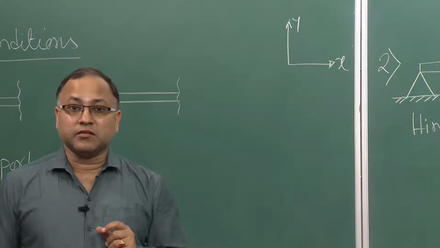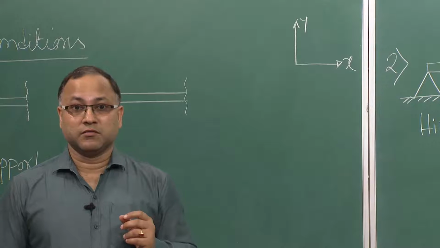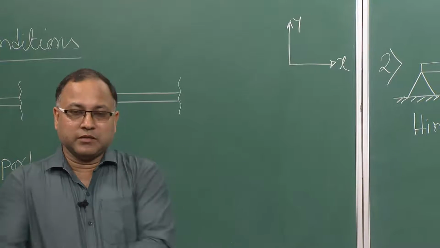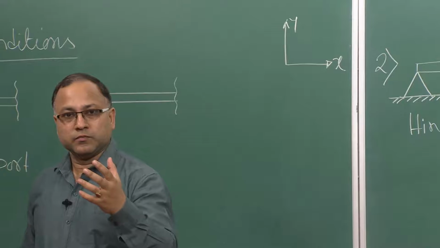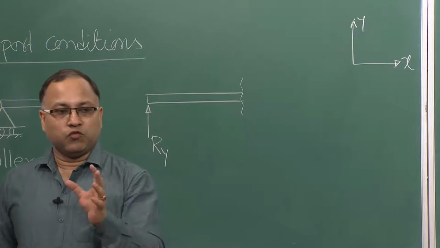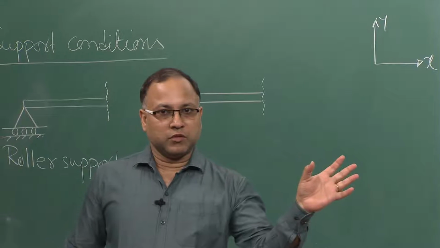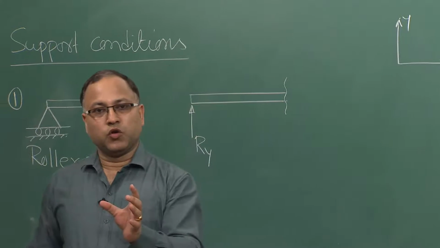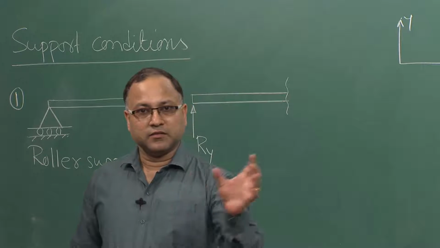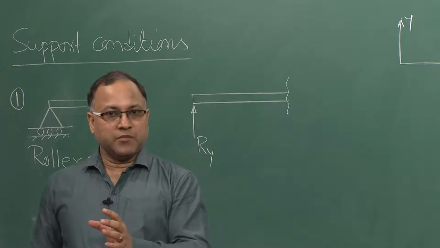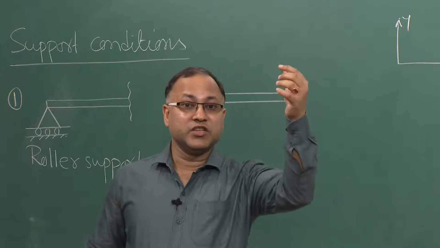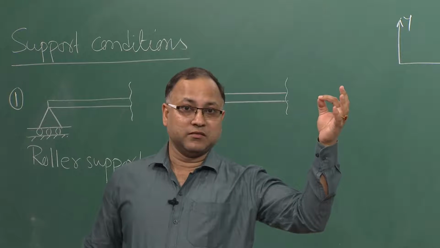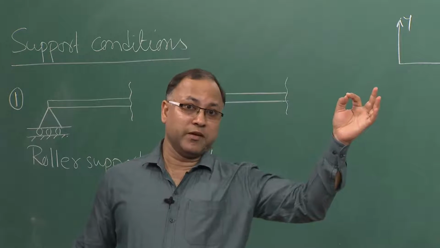But what about the rotation? It allows the rotation, right. That is why you generally see this kind of support in a door. If you want to open or close the door, it can be rotated, right. The door can be rotated with respect to the hinge at the end, which is attached to the door frame.